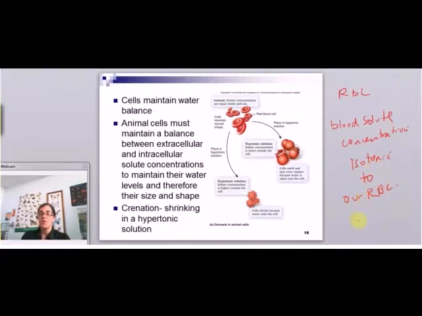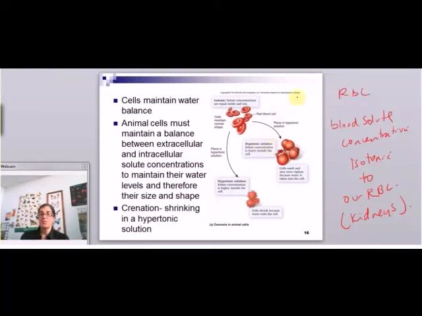This is one of the primary functions of our kidneys. They make sure that the salts and sugars and everything is where it should be to make sure that it's isotonic. So in isotonic conditions, there's just the right amount of water in the red blood cells.